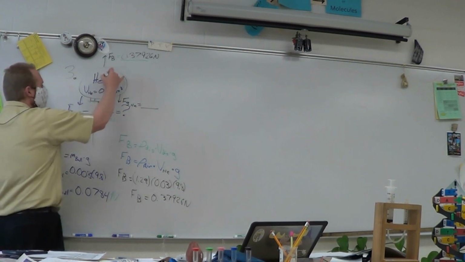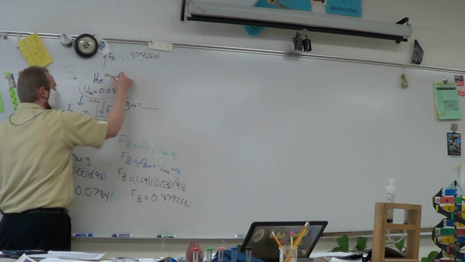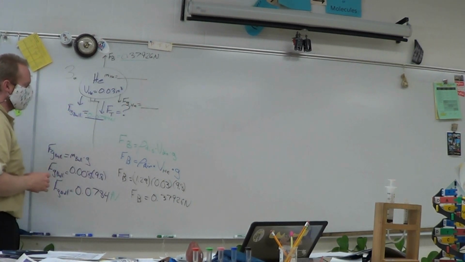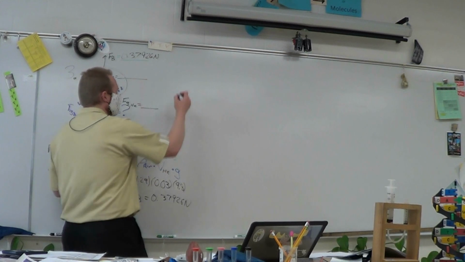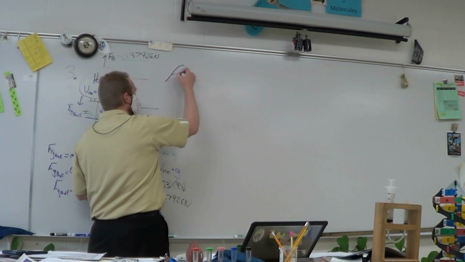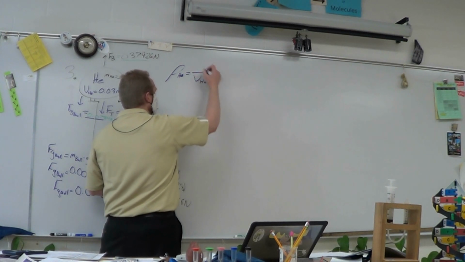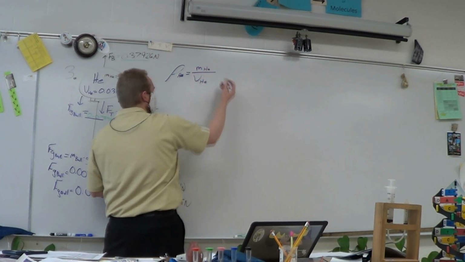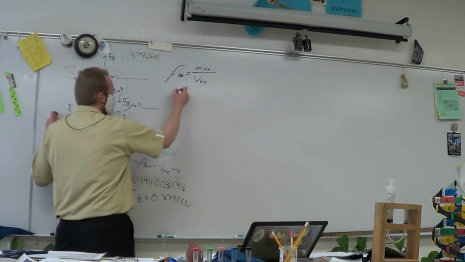So what we have to calculate is this mass of our helium, and that's the same kind of calculation we've done a bunch of times. If you knew the density of an object, and if you knew the volume of that object, you can then calculate the mass of that object.